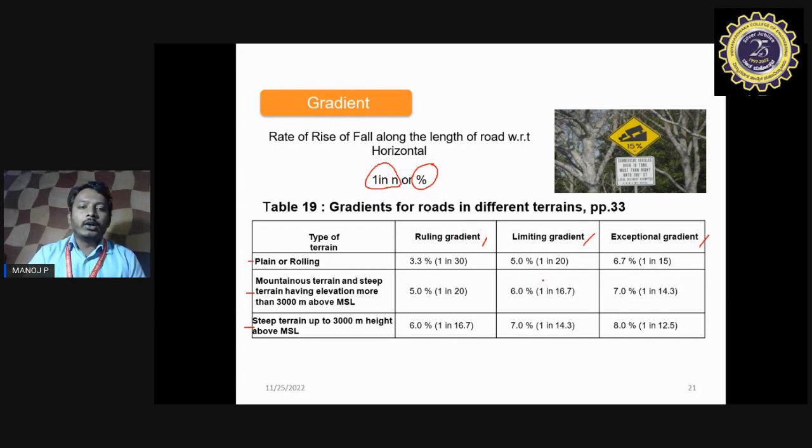When a designer or constructor cannot provide a ruling gradient, he can go for limiting gradient, especially when the terrain condition is not suitable. Only at some exceptional places, steep hilly regions, can you go for exceptional gradient.